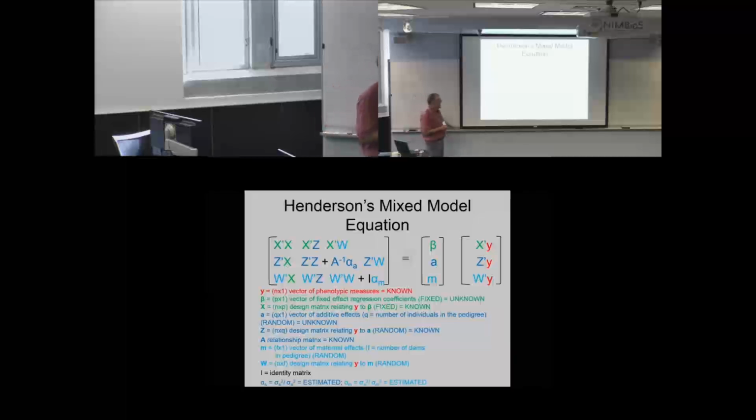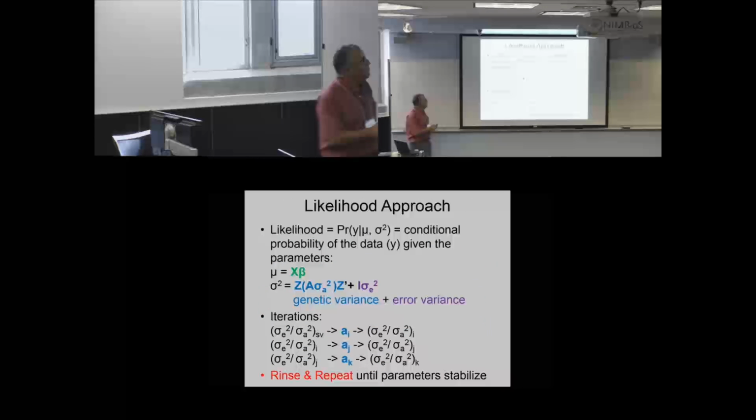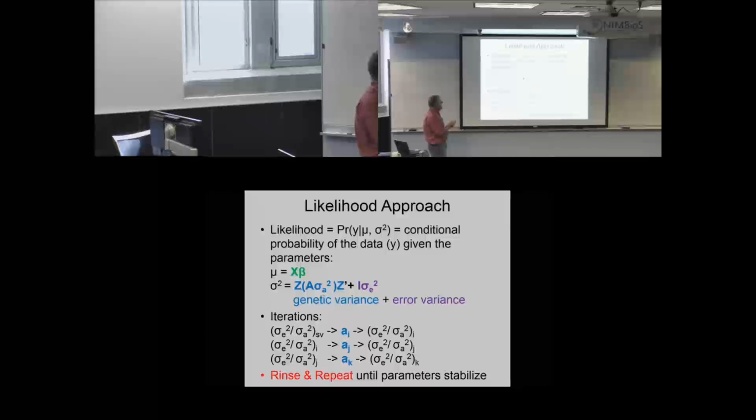So the next thing I wanted to do, I want to go over this just real briefly because you're going to get a whole lecture on it tomorrow. How do you solve these equations? One way is using maximum likelihood, which will be talked about tomorrow by Brian. With likelihood, you have the conditional probability of the data given the parameters mu and sigma squared.